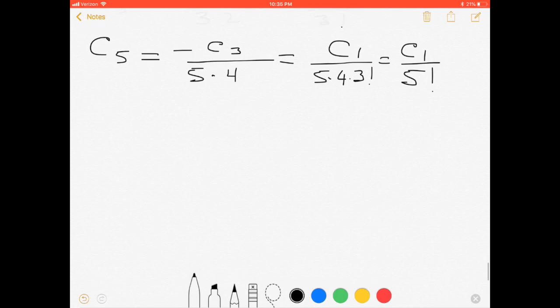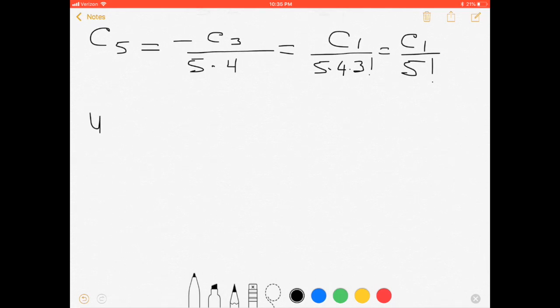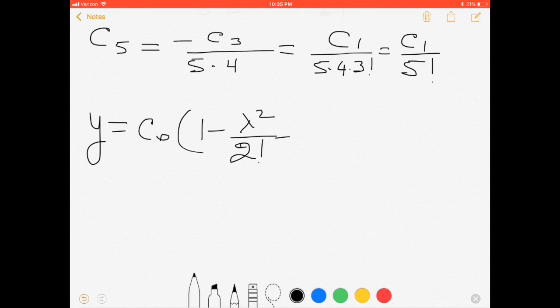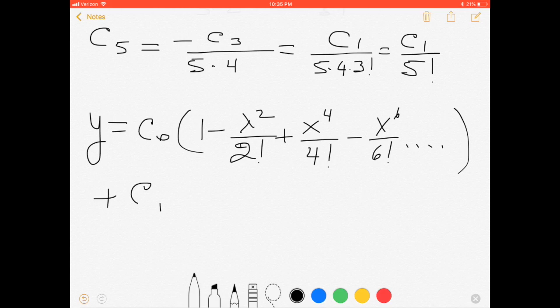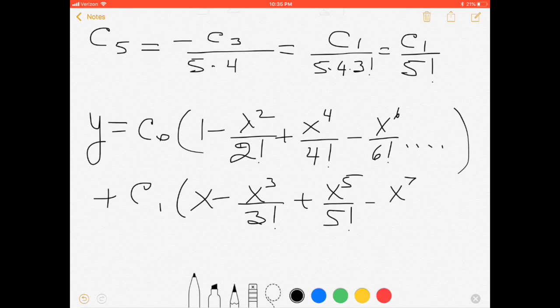Look how interesting what we have. We can rewrite our series, our answer, like C0 times 1 minus x squared over 2 factorial plus x fourth over 4 factorial minus x to the 6 over 6 factorial and continue, and plus some C1 times x minus x cubed over 3 factorial plus x to the fifth over 5 factorial minus x to the 7th power over 7 factorial and continue.